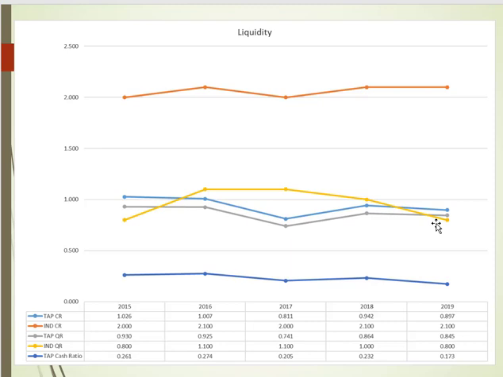So what does this tell us? It tells us a couple of things about the two companies, or in this case, the industry and the company. On average, the industry that Disney is in has a huge amount of inventory, but Disney does not. They don't have a lot of inventory.